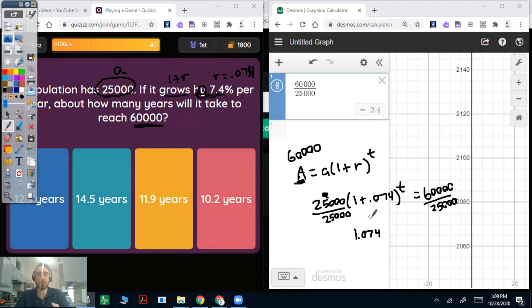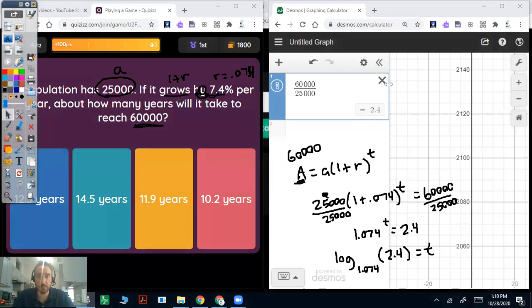Because you know that's just 1 plus 0.074. So that's 1.074 to the t power equals 2.4. Now I can do a log. So we do log base 1.074 of 2.4 equals t. And I don't have anything else but t in my exponent, so I don't have to divide or add or subtract at the end. I literally just got to go on the calculator and type this out.